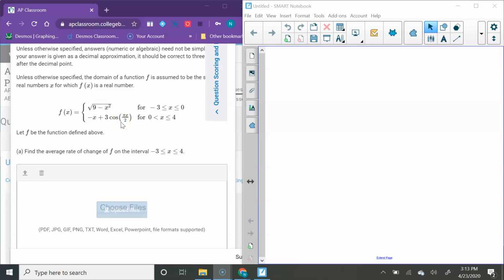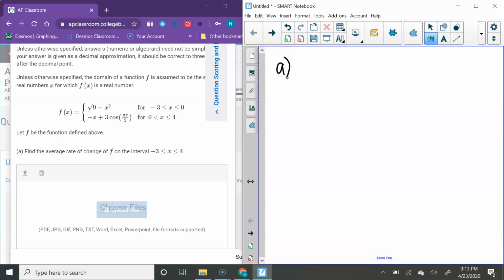And part A asks us to find the average rate of change of f on the interval from -3 to 4. Average rate of change is something that they ask about fairly often, and it's something we want to be prepared for. If we want to find the average rate of change of f on the interval from -3 to 4, what we need is the slope through the endpoints.